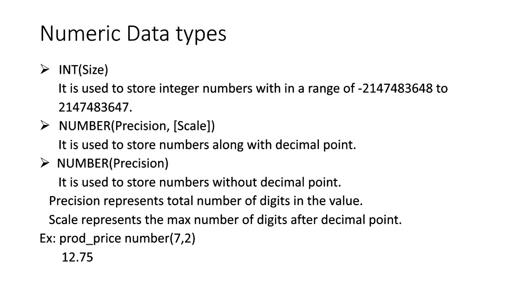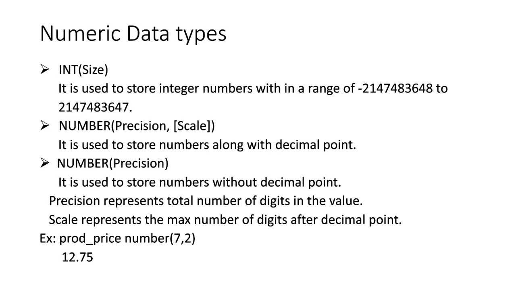Precision means how many digits we are giving in that value. And coming to the scale, scale represents the maximum number of digits after the decimal point. Like after the decimal point we are giving 2 digits, 7, 5. Here we specify the size as 2, so you can't give any more digits after 7, 5.